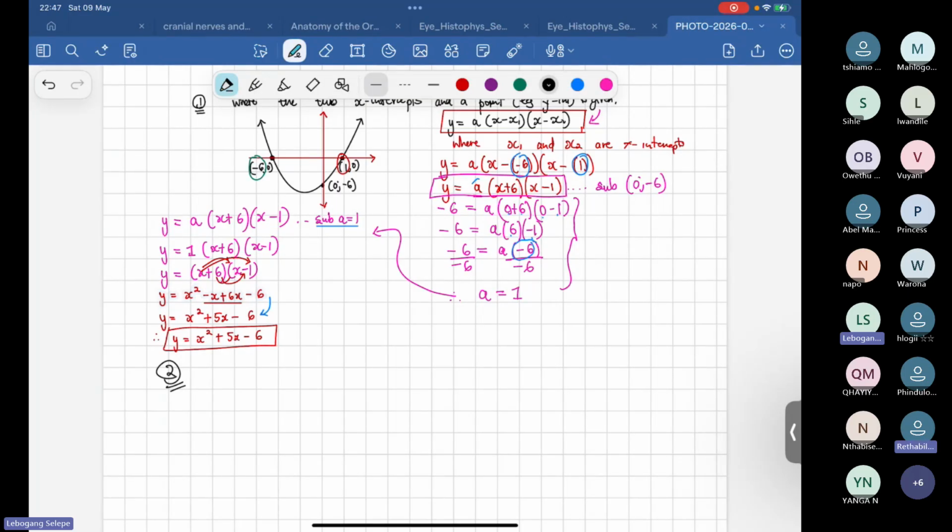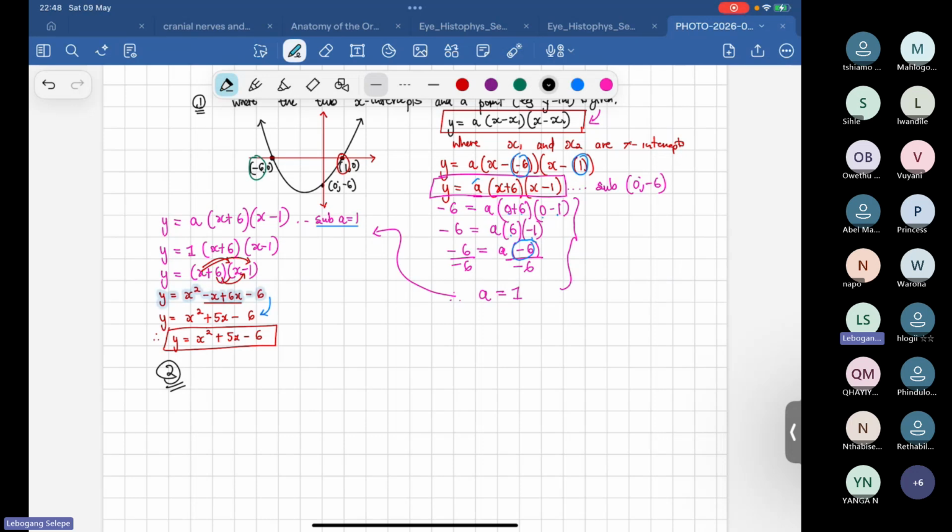Okay, ma'am, thank you. Because if you use the x-intercepts, you're not going to get anything because you've already substituted them. So it must be any other point on the graph. It also can be the turning point. But I'm going to show you why. I'm just going to talk about that when I get to scenario number 2.